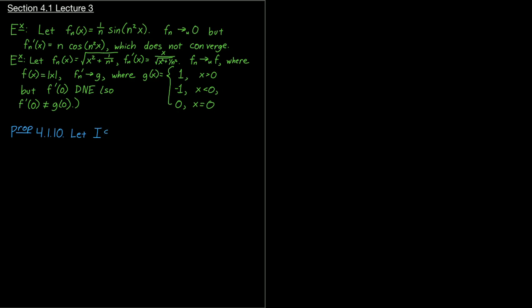We're going to start with an interval I in the real numbers. And let f_n and g be functions defined on our interval I, so functions from I to the real numbers. And then we are going to suppose the following nice properties.